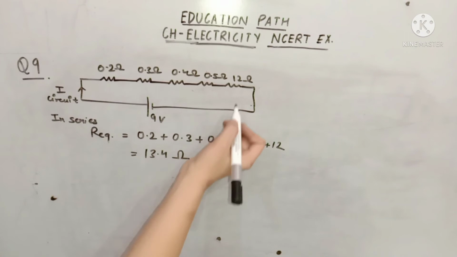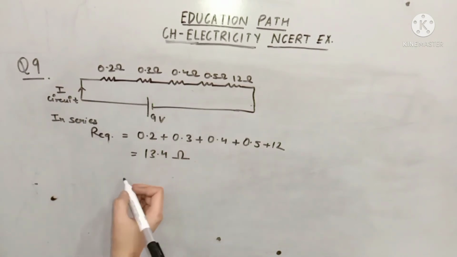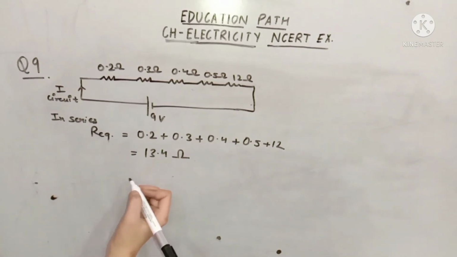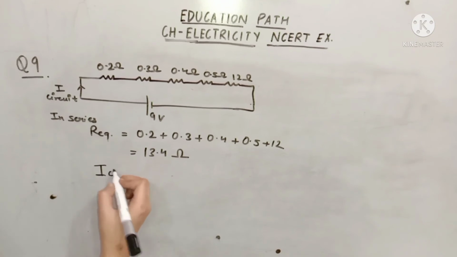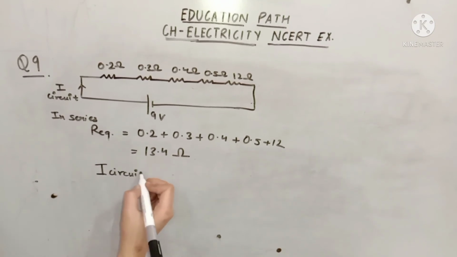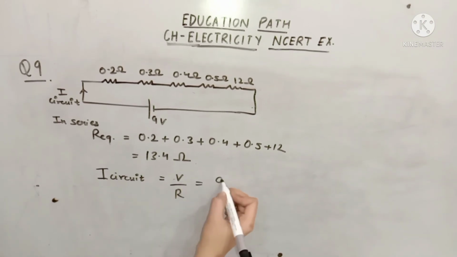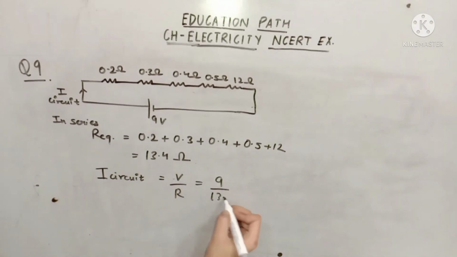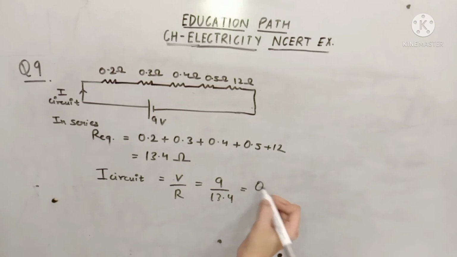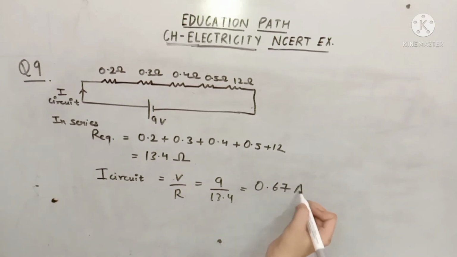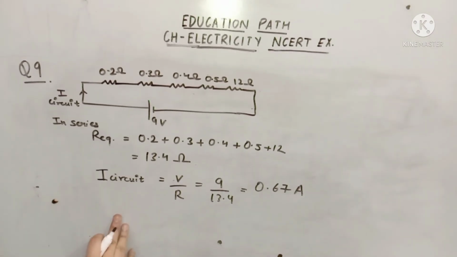The same current will flow through the whole circuit and through the 12 ohm resistor. So the current in the circuit is V upon R equals 9 upon 13.4, which is equal to 0.67 ampere through the 12 ohm resistor.